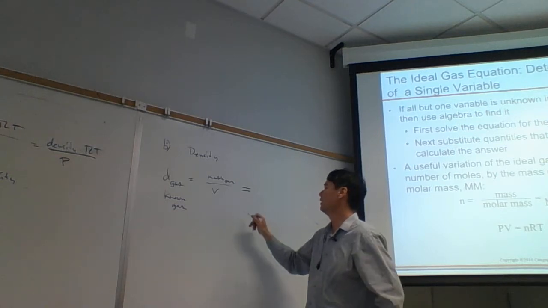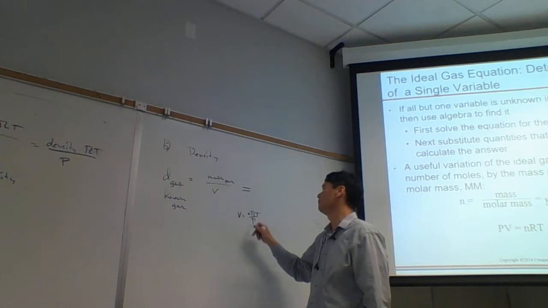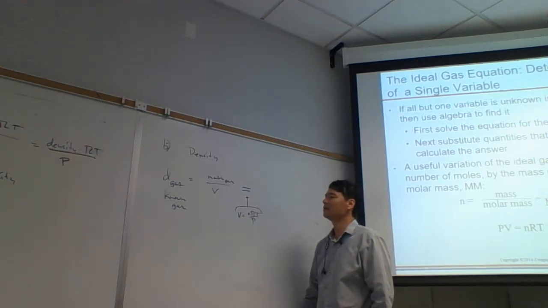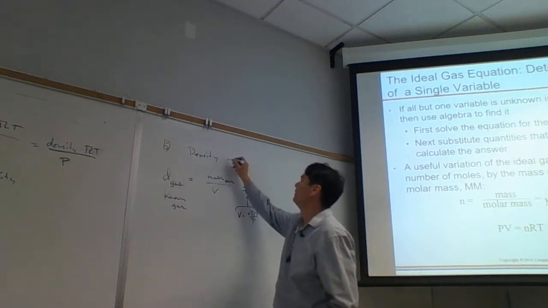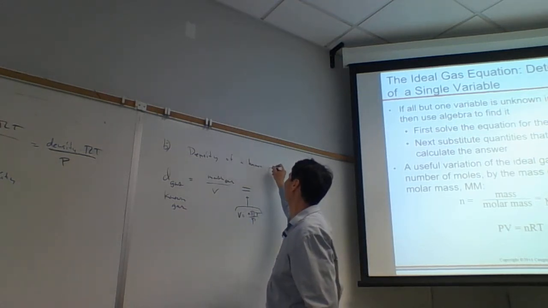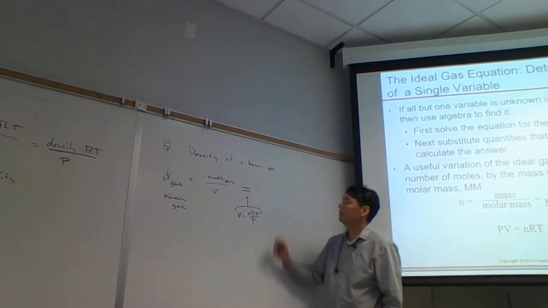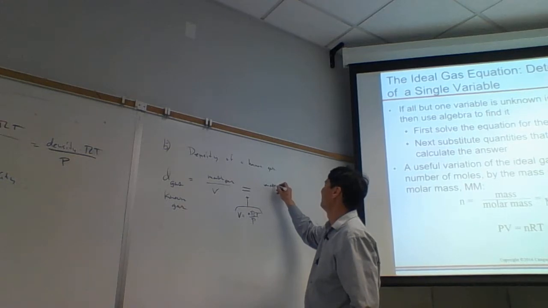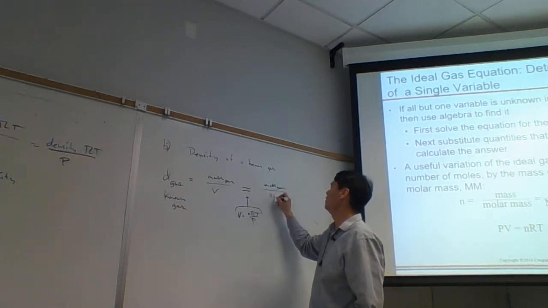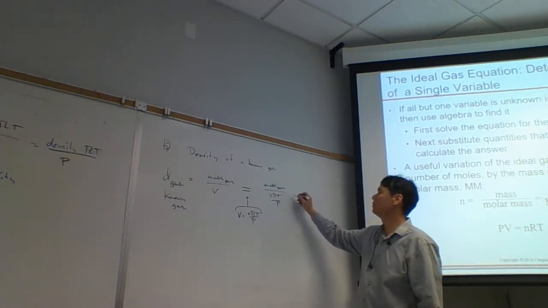We know that the volume is equal to nRT over P using the ideal gas law. This only works for gases, by the way. Density of a known gas. And so what we're going to end up with is the mass of the gas divided by the volume. Well, the volume is nRT over P. And so we'll invert and multiply.